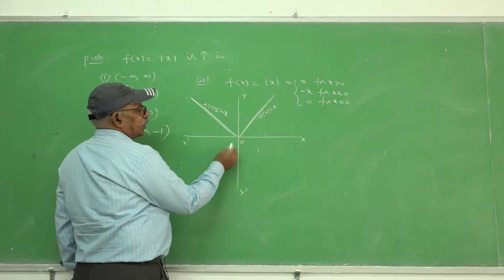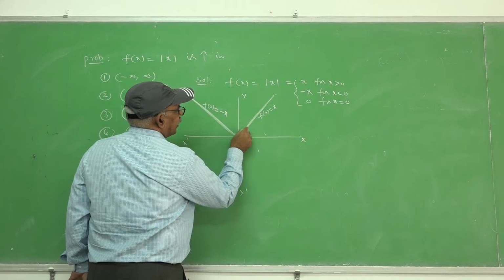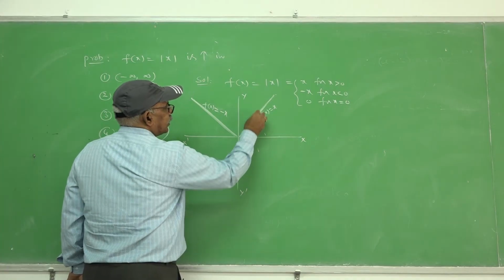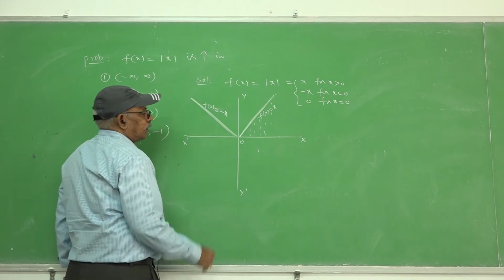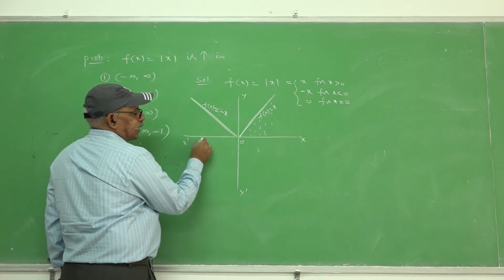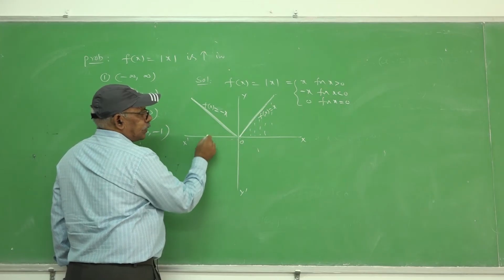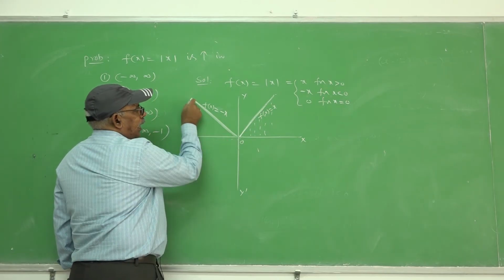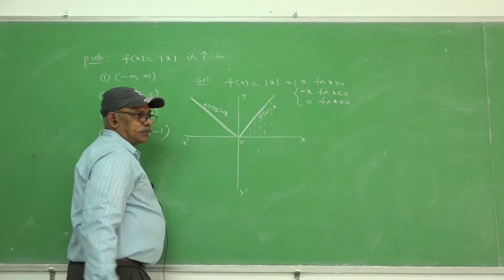Clearly from 0 to infinity, the graph is increasing because these vertical lengths are increasing as x increases. But here, as x increases from minus infinity to 0, these vertical lengths are decreasing. Hence, in this interval it is decreasing, in this interval it is increasing clearly.